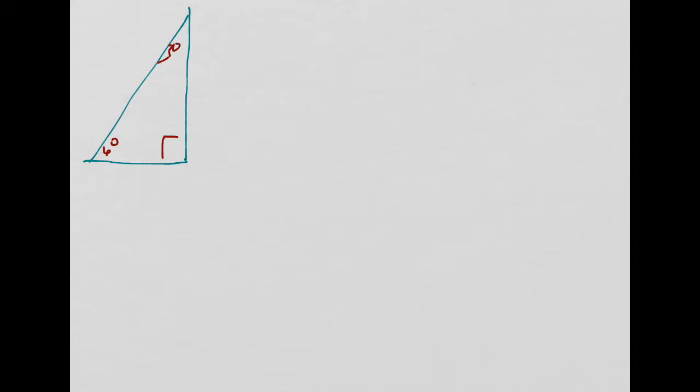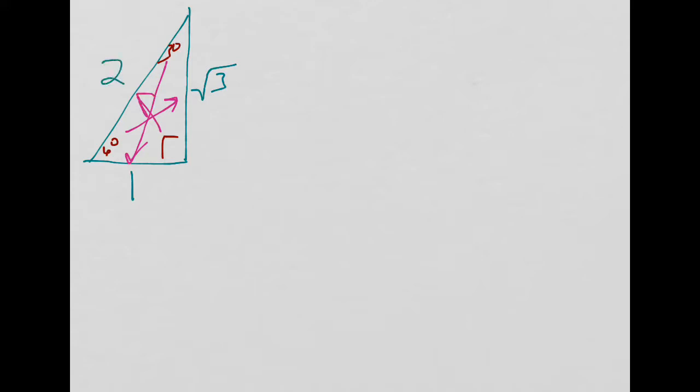Okay. And what was opposite the 30-degree angle? Remember, that's the smallest leg. That was number 1. What was opposite my 60-degree angle, my longest leg? That was the square root of 3. And what is opposite my 90-degree angle?